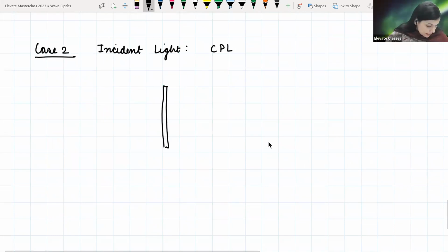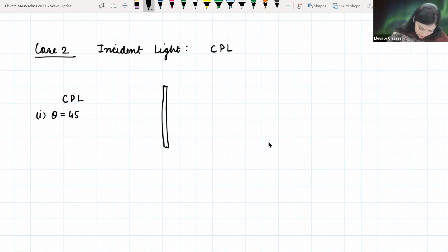So let us say that I have a circularly polarized light. So circularly polarized light की दो बातें क्या होती हैं? That the theta it's making with the optic axis is 45 degree. Okay, and the second is कि उसके जो components हैं, उनके बीच में जो phase difference है, let us say that is phi, is equal to already pi/2.